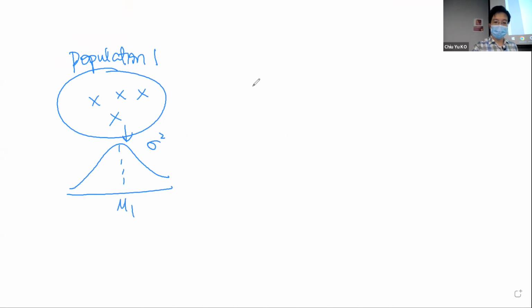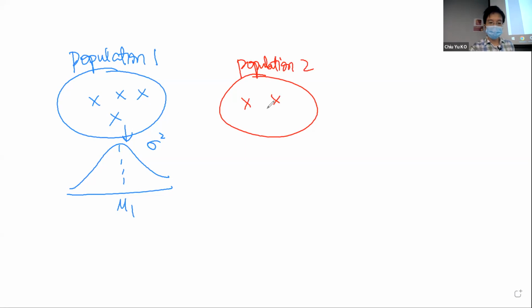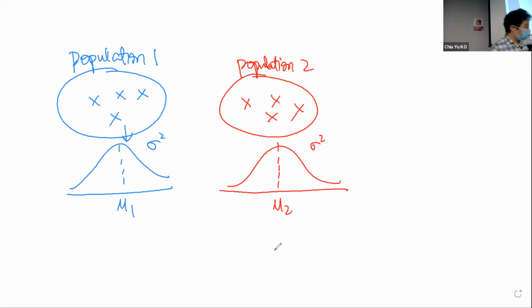And there's another one, population 2, with a bunch of data, and we assume this is following a bell curve. This is mu2, and this is sigma here. So there are two bell curves; each population is following a bell curve.